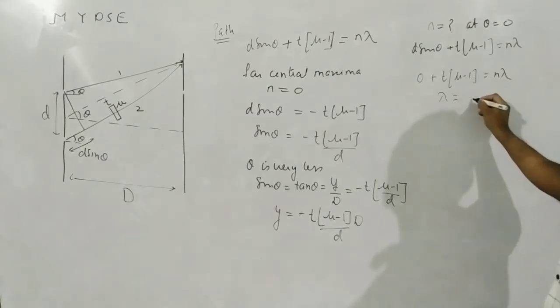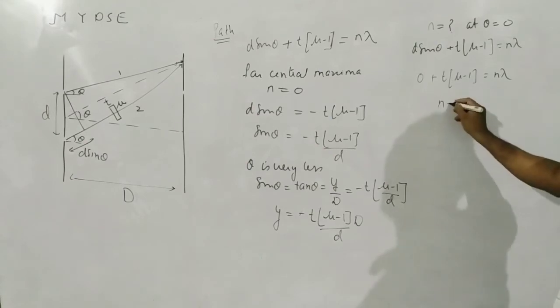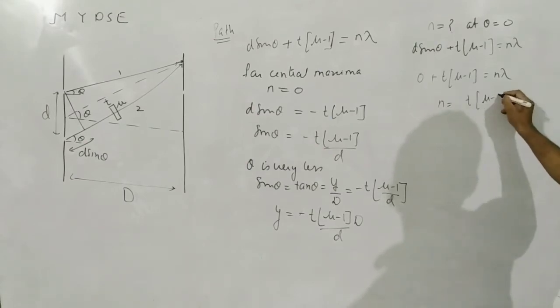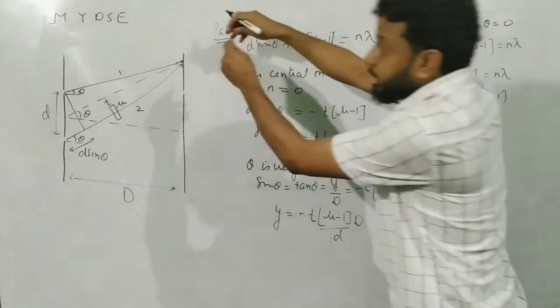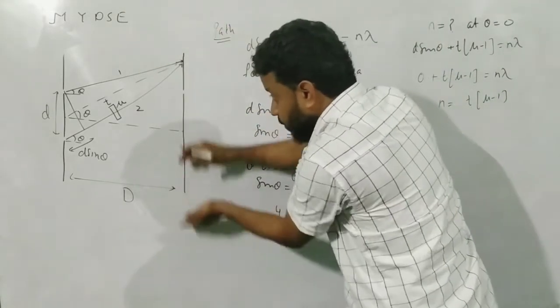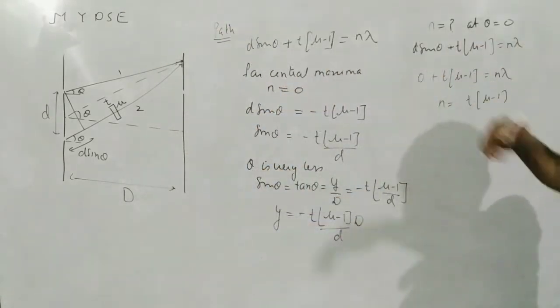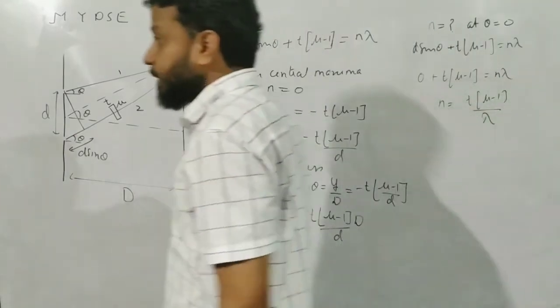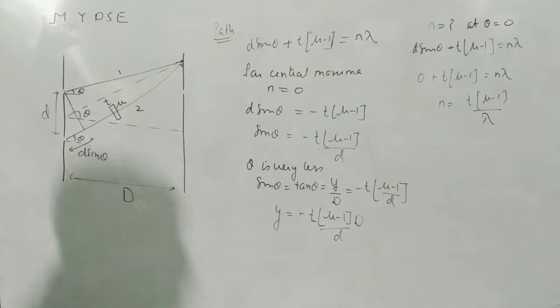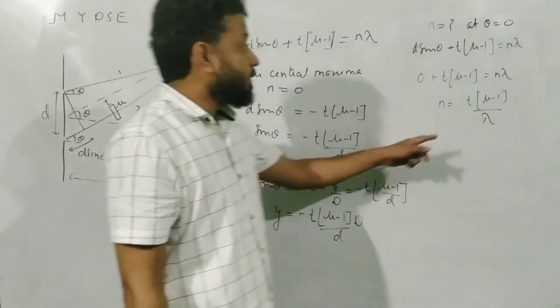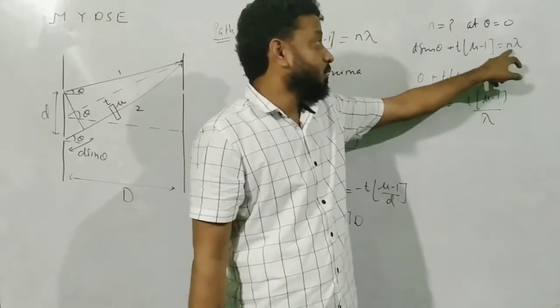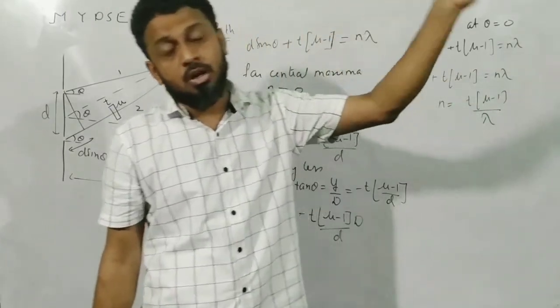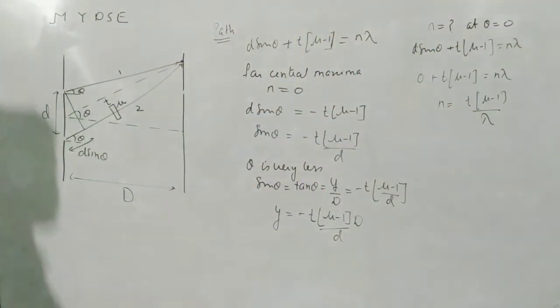So n will be t(mu minus 1) divided by lambda. This time you are finding a positive value, because the shift is downward, so the positive order fringes will come and occupy the center of the screen. This will give you the order of the fringe which will occupy the center of the screen. Remember, if this is not an integer, you have to change the condition and go for minima.